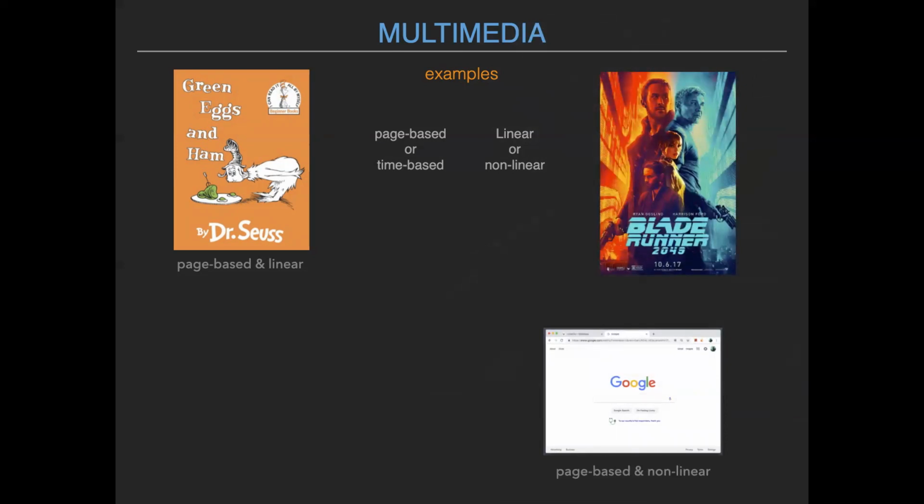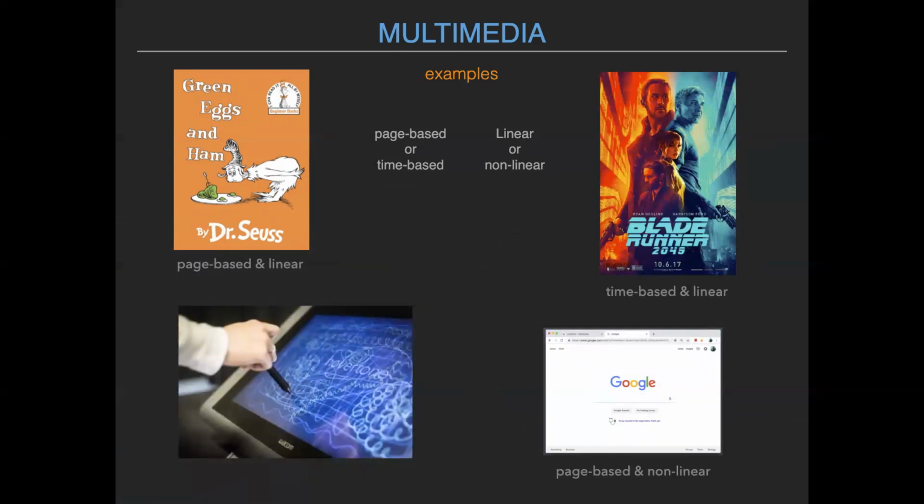A movie, you know that's going to be linear, right? It's got to start from one spot and end somewhere. Time-based, not page-based. And the last that combines both of the abstract here is doodling, right? This is just happening in whatever time you want, and there's no set course you take.